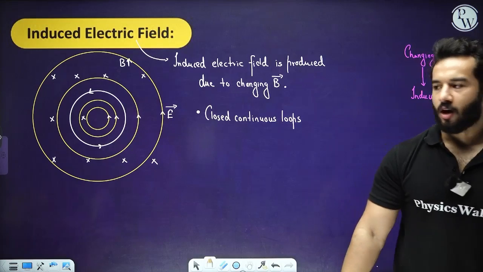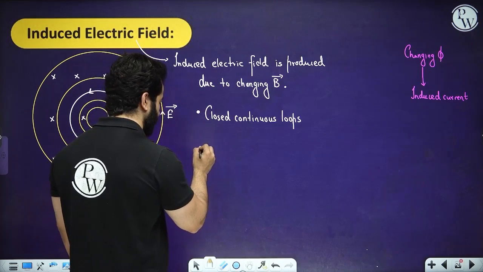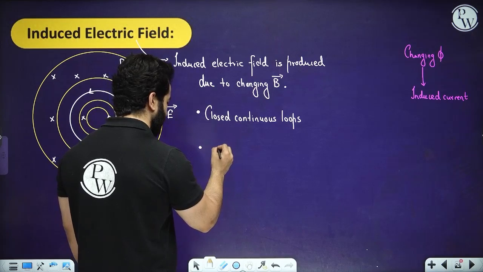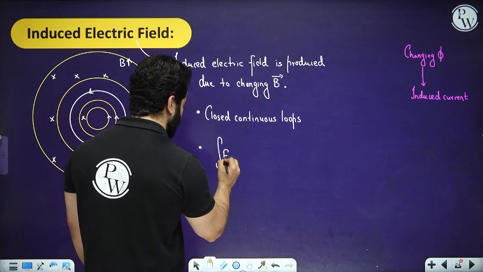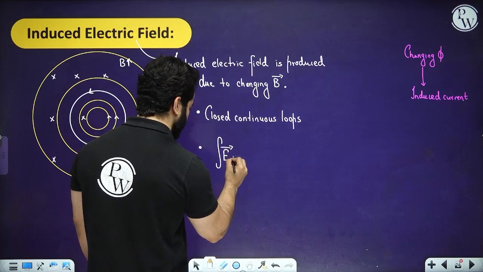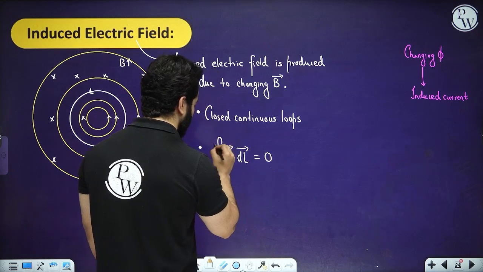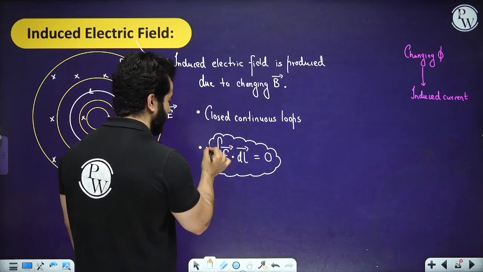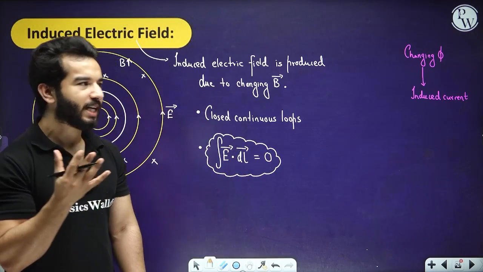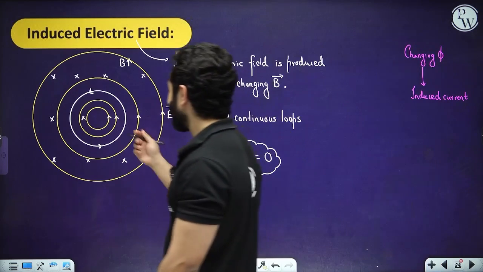Right, now because these are closed continuous loops, one more very important thing: if you write down the integral of E dot dl, that will come out to be 0, because if we are talking about a closed loop, dl will be 0. So E dot dl will be 0. E is the same at any given point.